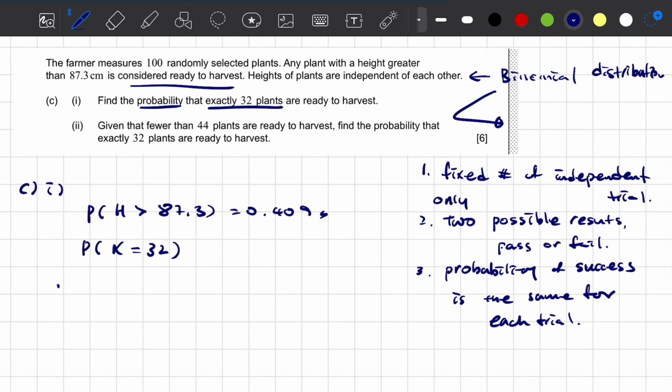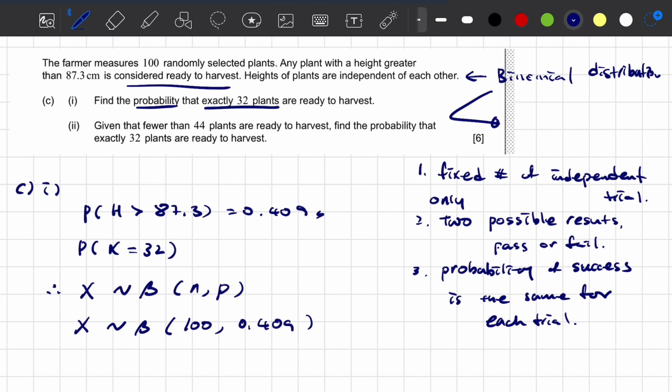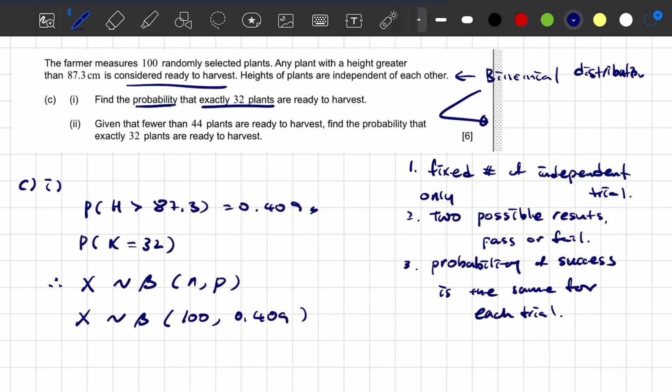We're going to first identify this x value using the binomial distribution notation. So x is binomial distribution with the total number of 100 plants and the probability of 0.409.